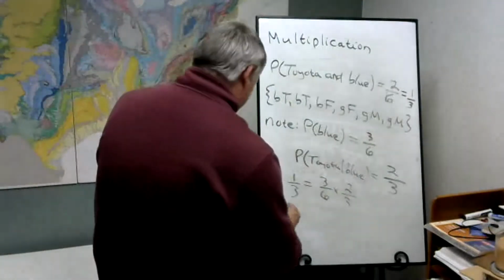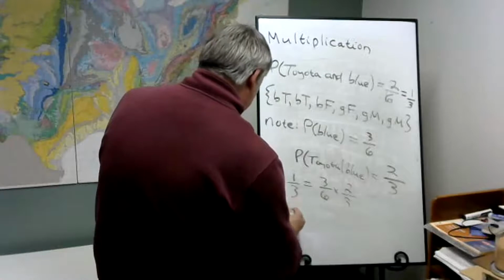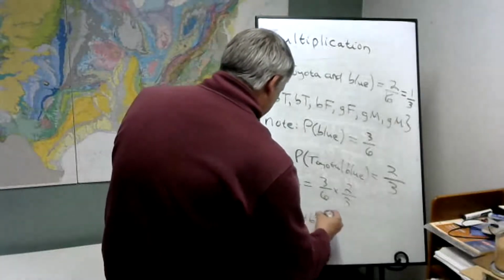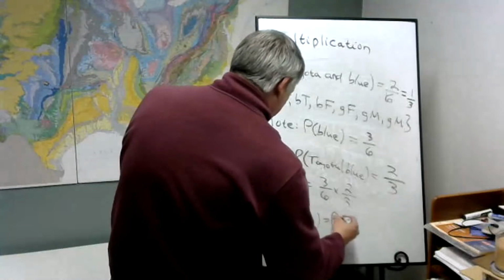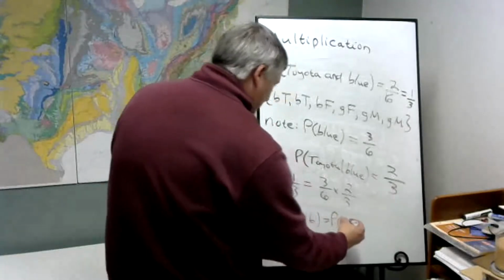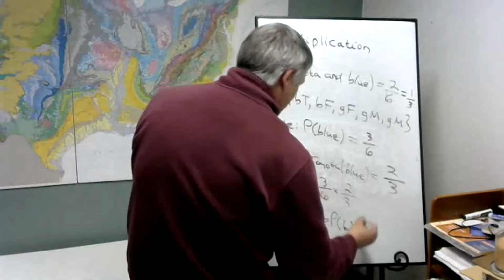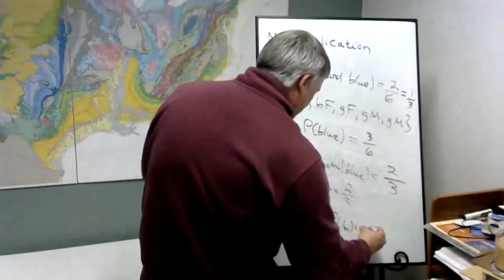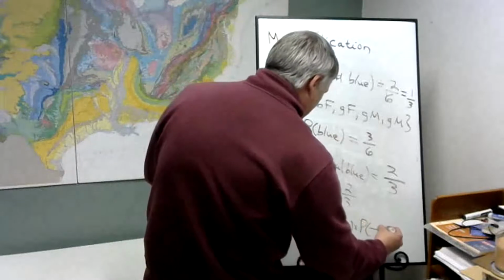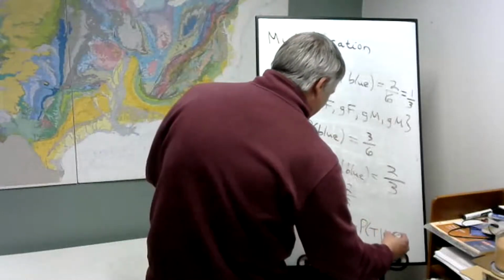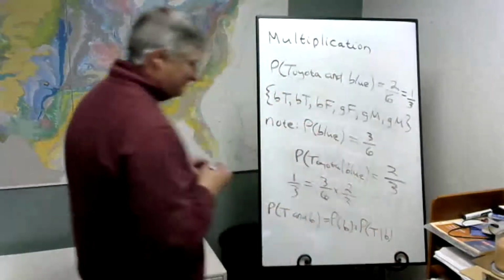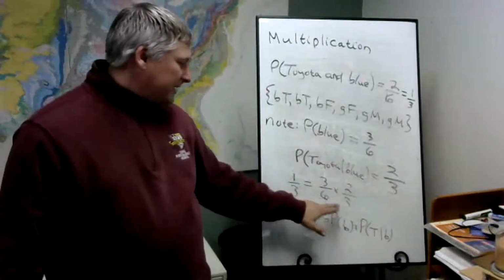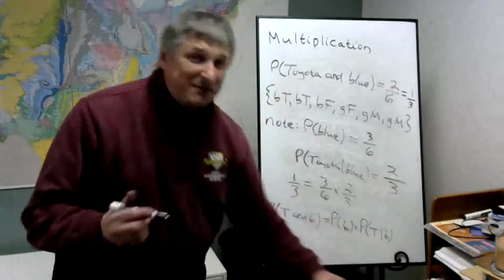Or put another way, the probability of Toyota and blue is equal to the probability of blue, which was 3/6, times the probability of Toyota given blue. Because this is the probability of blue, that's the probability of Toyota given blue.